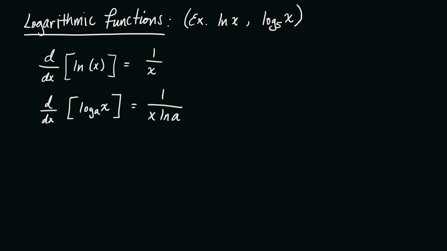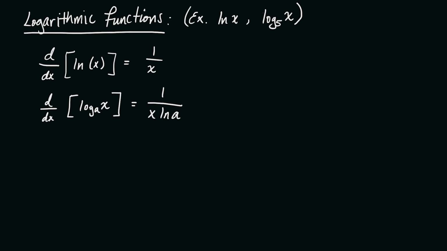right? So make sure that you don't forget that it's different with these two functions, even though they might look the same, right? As an example, find the derivative of 5 times ln of x, right?